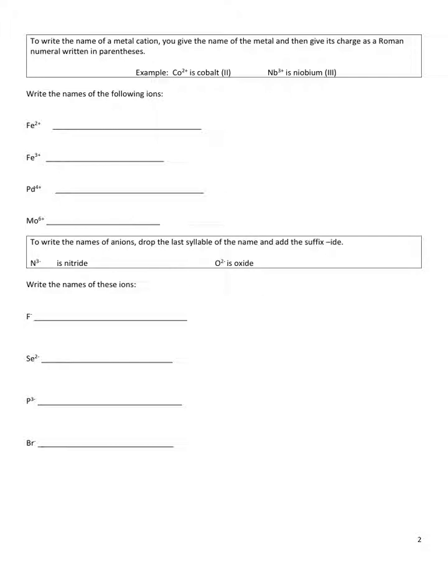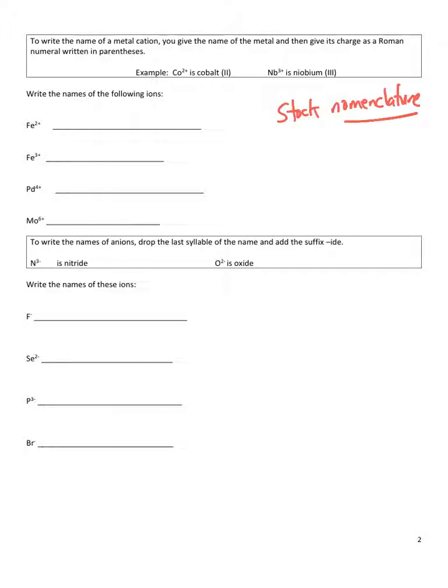Those transition metals, those elements in the D block, can get varying charges. We need a way of telling what that charge is. We'll use something known as the Stock nomenclature system. Nomenclature is just a big fancy word that means rules for naming. So let's write the names of the following ions.